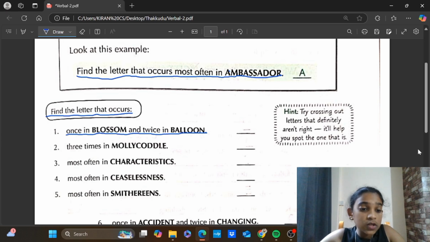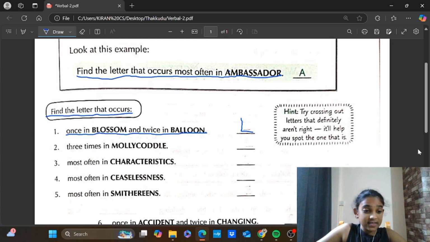Okay, so B comes once, but it doesn't come twice in balloon, so that's not our answer. L comes once, it comes twice in balloon. So for the first question, the answer is L. Okay? So let's move on to the next question.